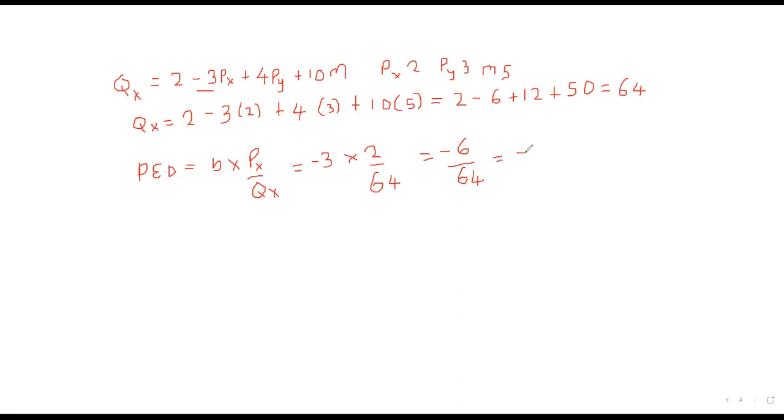Sorry, Collins. The Q is supposed to be 58 and not 64. 58. All right, thank you for that. So here we put 58. So when we substitute, what are we getting?